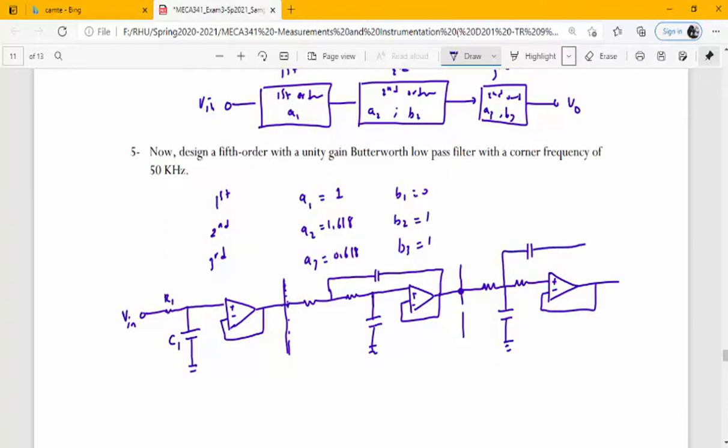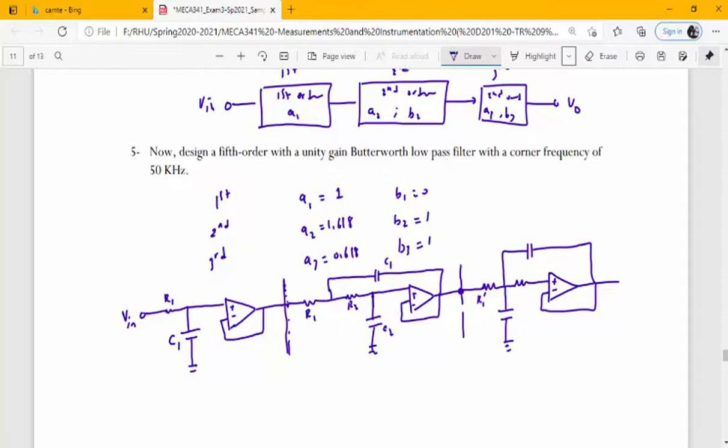Your job is to determine the values of those resistors and those capacitors. For instance, R1, R2, C1, C2. Of course, this is R1 prime. How could we differentiate those? Make sure not to confuse between this R1 and R1.